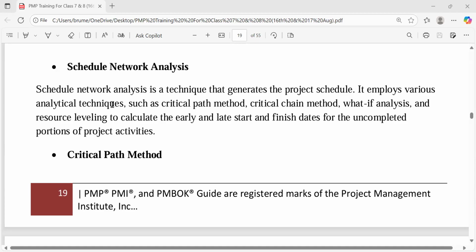So in this network, we are analyzing just the network, looking at the various things and the resource leveling to calculate the early and the late start and the finish date for the uncompleted portion of the project activities. Now, when we say early start and late start, sounding so strange, even to me, there is a time that the school door can be open for the children to come in, maybe 7 a.m. The security guard could have been on ground, the door is open, somebody can come in at that time.